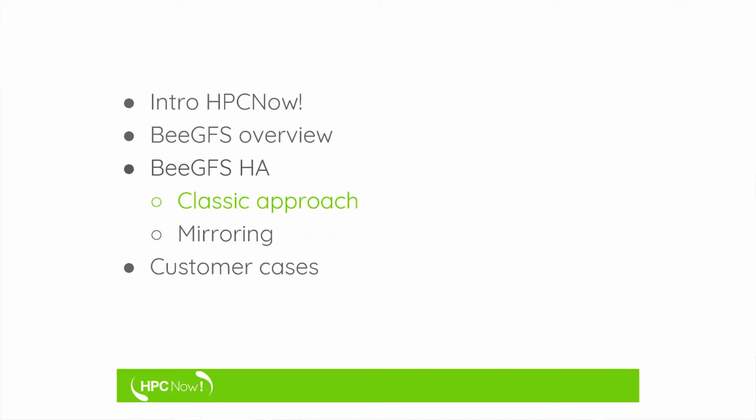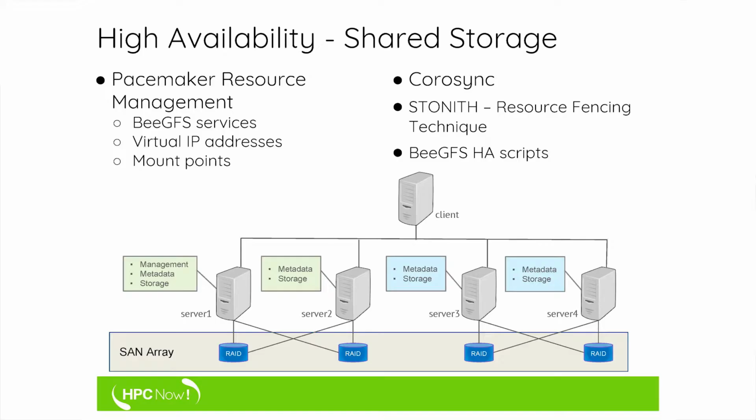So if you've worked previously with high availability, you might have heard of Pacemaker. Pacemaker is a layer that manages the resources. And then you would have Corosync, which is a communication layer to check that the services are okay and send messages between them. So you would use Pacemaker to manage the different BeeGFS services that, as we see in the part below, are the metadata service and storage services.